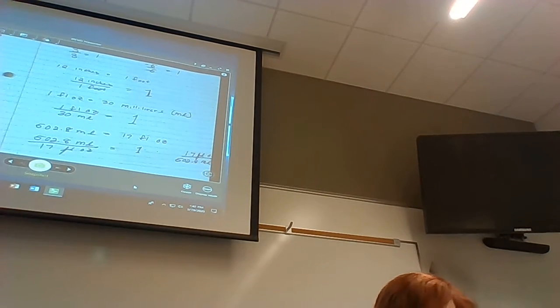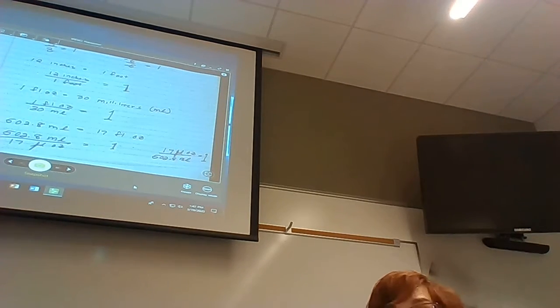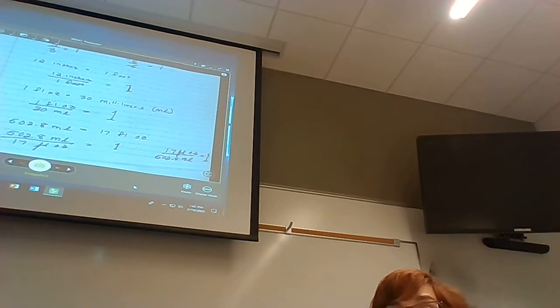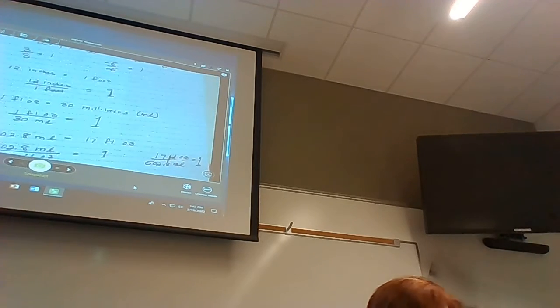So I know that if I put 502.8 milliliters over 17 fluid ounces, that is also equal to 1. What's interesting is it doesn't matter which way I put it. I can put the 17 fluid ounces in the top and the 502.8 milliliters in the bottom, and that will also equal 1 as long as I put the units on.